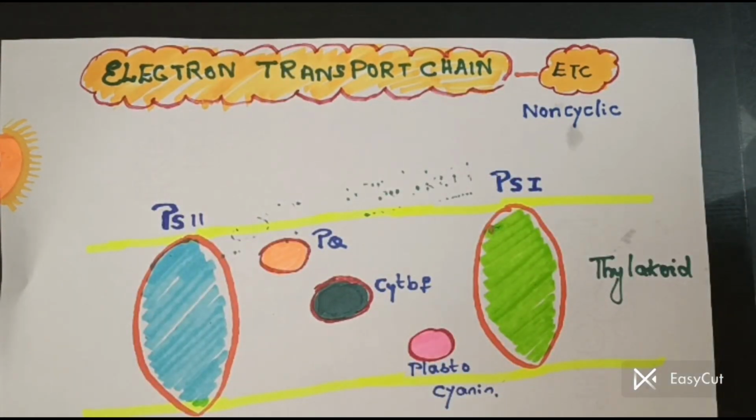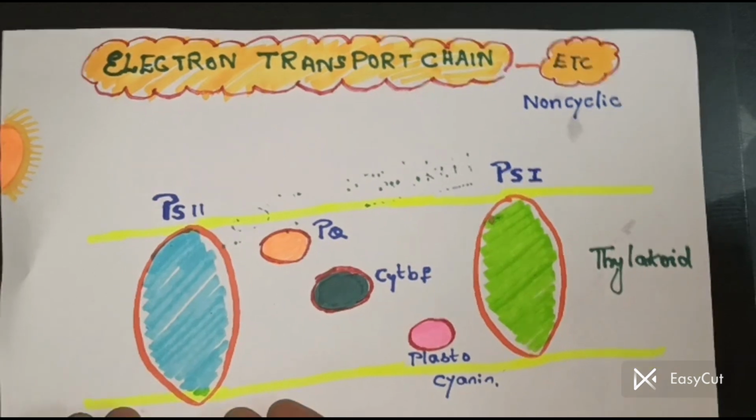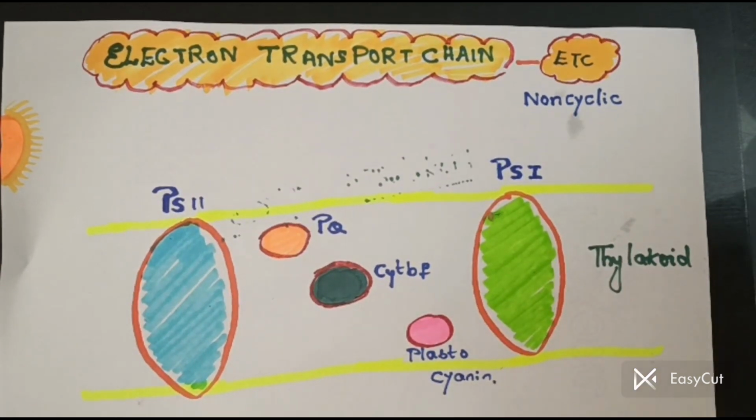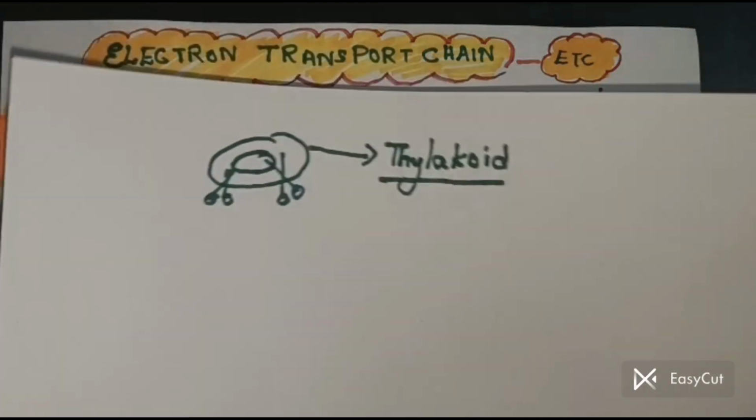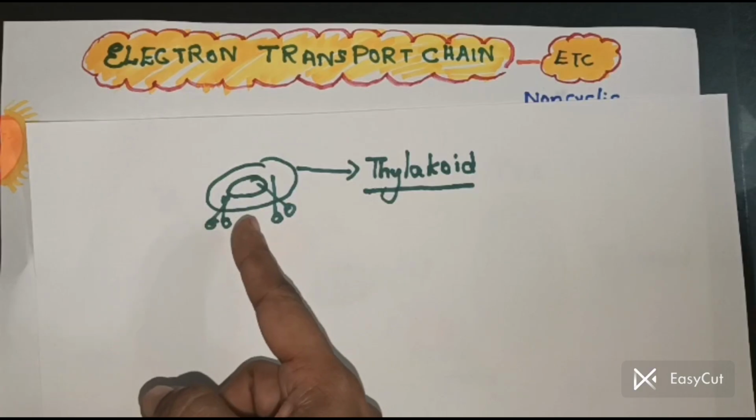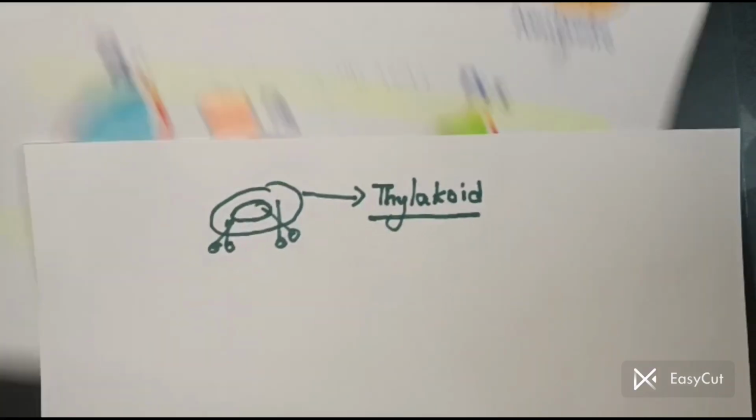So you need to understand that in the membranous structures there are photosynthetic pigments, and these photosynthetic pigments, especially in the higher plants, are of two types. One is photosystem 2, another one is photosystem 1. Can you see here? I have taken a small thylakoid structure.